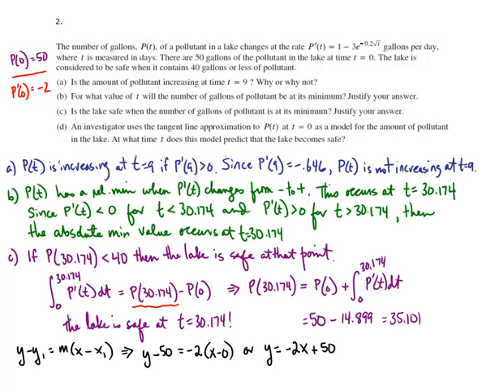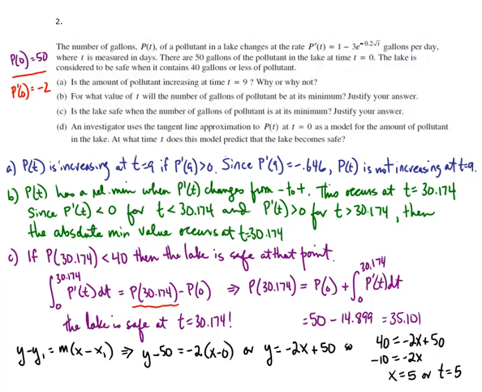I want to find out when that is going to hit 40. So I have 40 is equal to negative 2x plus 50. I subtract the 50 over. Negative 10 is equal to negative 2x. And so x is 5, or actually in this case t is equal to 5.